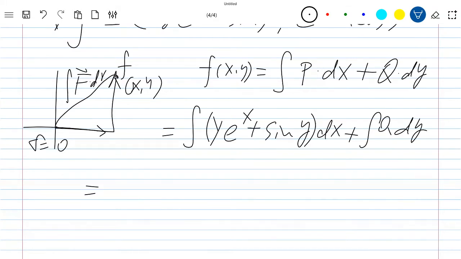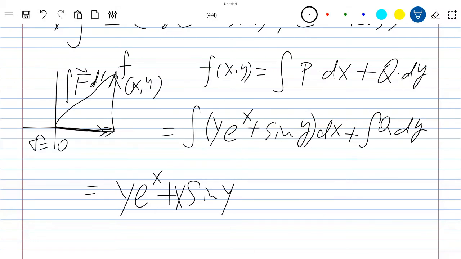Then when we integrate along this direction, x is changing and y is a constant, right? So we can fix y. We get sine y times x, where x is the variable. Okay, then we need to integrate along the other direction.